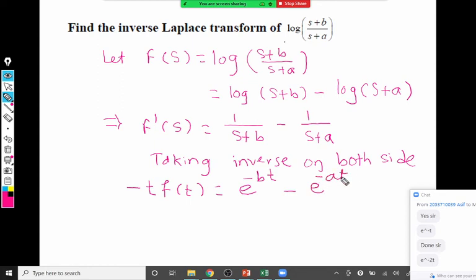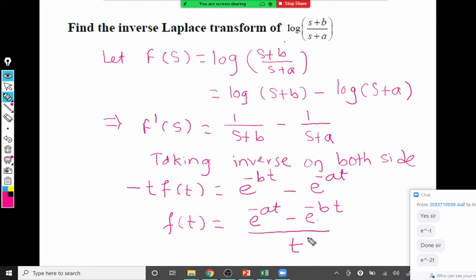Now, what is the last step that we left? Because we actually want L inverse of f of s. What is L inverse of f of s? It is f of t. So our final answer is f of t, because we don't want L inverse of f dash s; we want L inverse of the given function f of s only. So this f of t becomes minus t... I am taking this side; as the minus sign is given, this term becomes plus and this becomes minus. So it becomes (e raised to minus at minus e raised to minus bt) upon t.